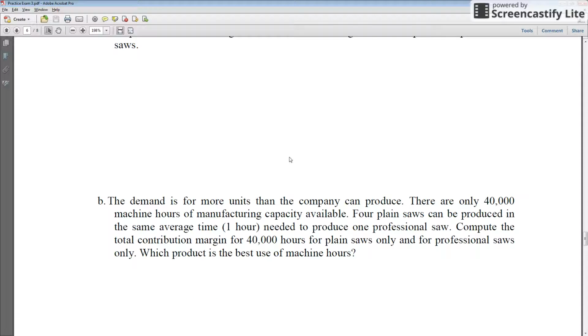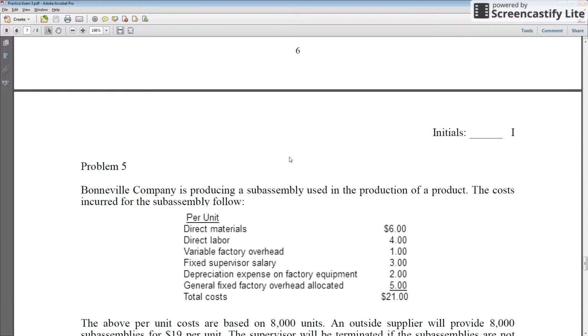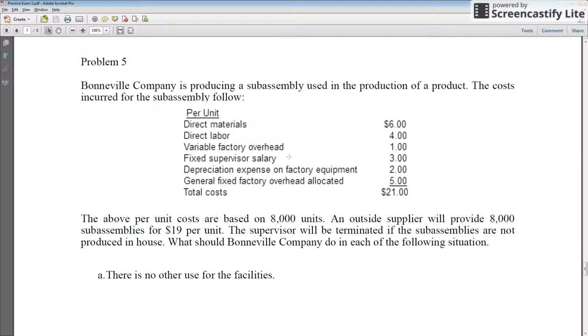Now we have to solve question 5. For problem 5, we have a company that is producing a sub-assembly used in production of a product. The cost incurred for the sub-assembly follows these numbers. The per unit costs are based on 8,000 units. An outside supplier will provide the 8,000 sub-assemblies for $19 per unit, so $2 cheaper than what we are doing now.